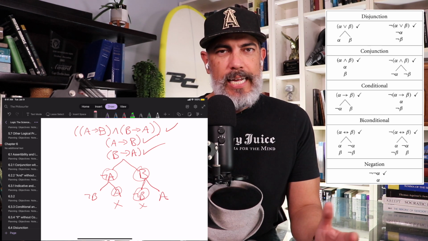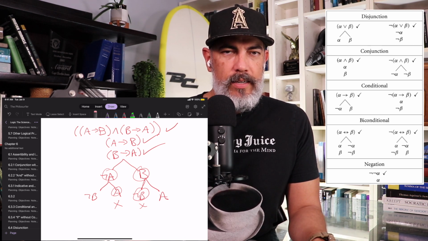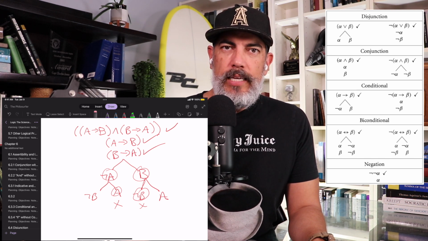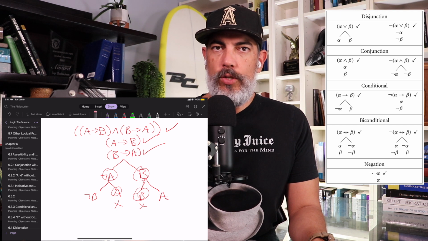So now you may be thinking, I kind of get how to do these truth trees, but what does it all mean? Well, looking at what we've got here, we have some open branches and we have some closed branches. What do the open branches mean?